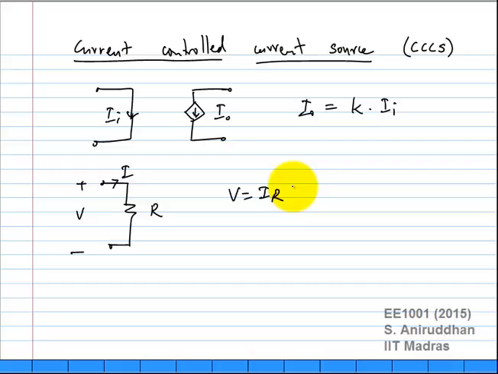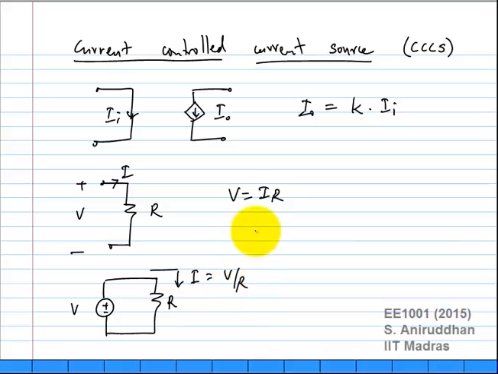That is the VI relationship. What does that mean? I take this resistor, I apply a voltage V. I take an ideal voltage source, connect it across the resistor. A current of V by R will flow through this resistor.